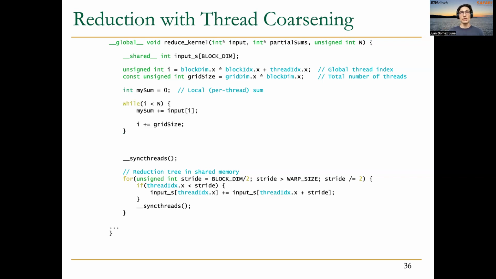And then we have this while loop, it could also be a for loop, where all threads go to the input array, fetch one element from the input array, and accumulate in their own local sum. After that, we update the index by adding the total number of threads.